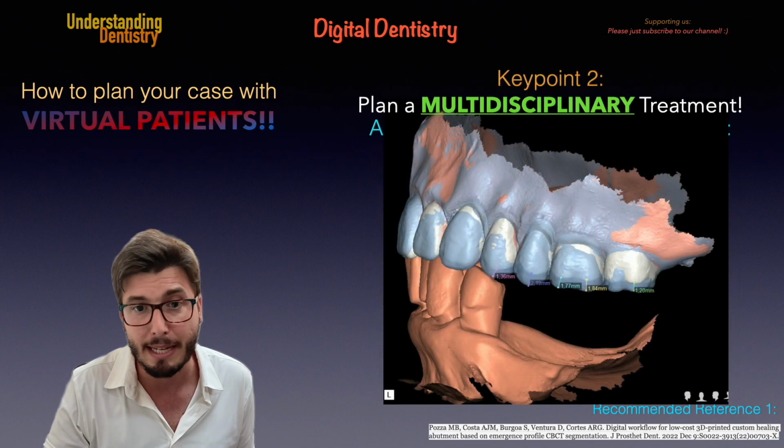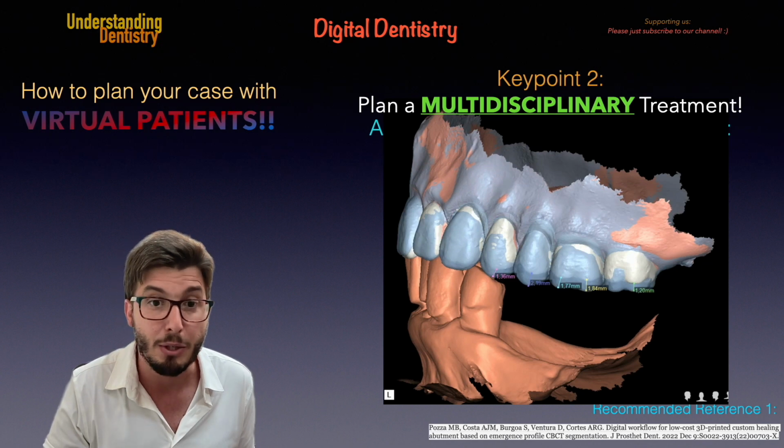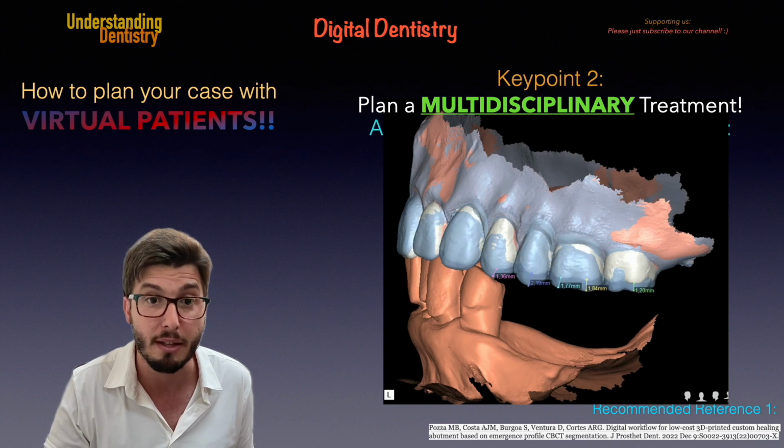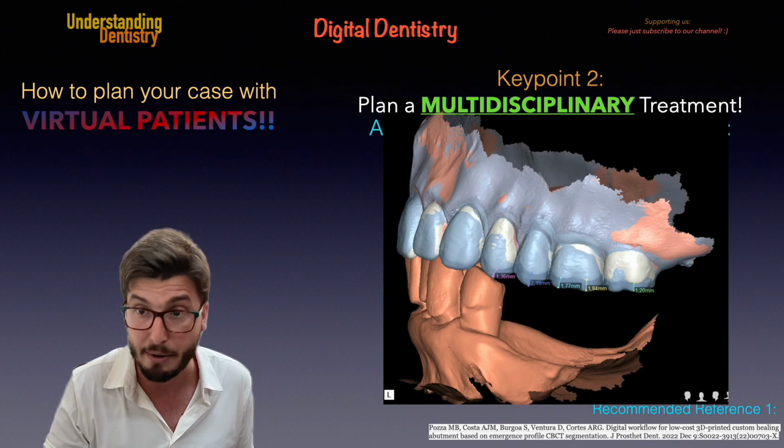Here we have another example of an image telling us about the distances between the actual existing teeth and the digital mock-up, so the new shapes of teeth that we are planning to rehabilitate this patient, okay? So that's a digital mock-up. So even the posterior teeth are being planned here, not only the aesthetic area, right?